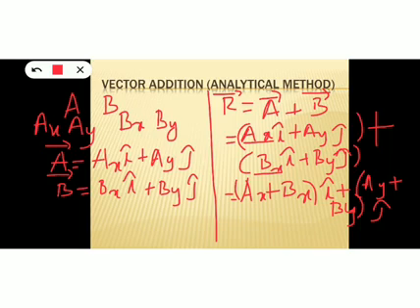So this is our resultant vector R, (ax plus bx) i plus (ay plus by) j. Thus each component of the resultant vector is the sum of the corresponding components of A and B.